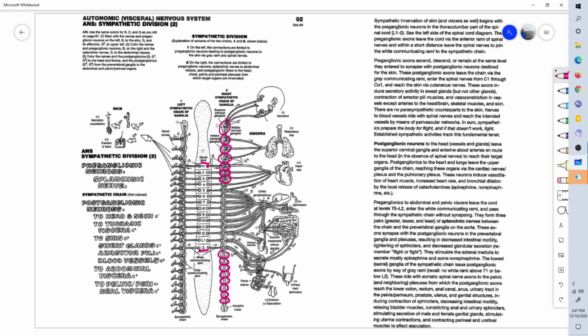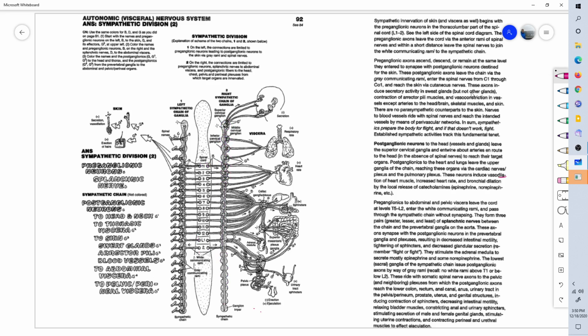So the sympathetic nervous system doesn't just supply organs and glands from T1 to L2. They can also extend lower and higher because of these sympathetic ganglia. The sympathetic ganglia, of course, are all connected in the sympathetic chain.